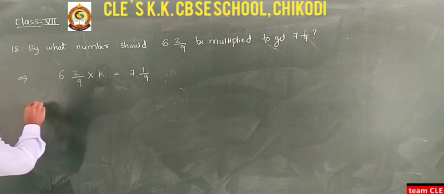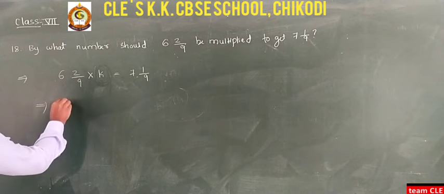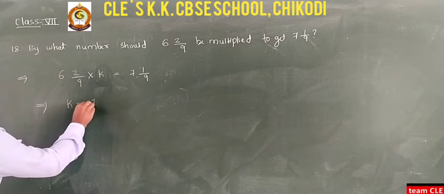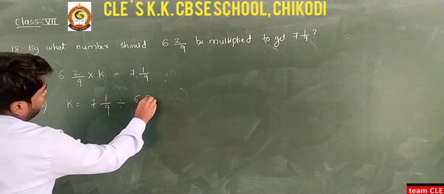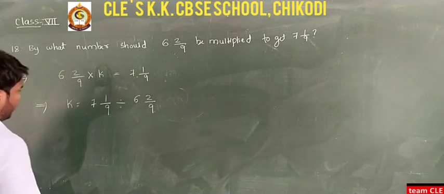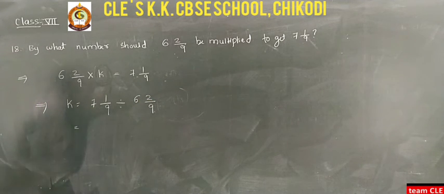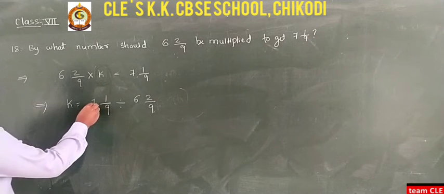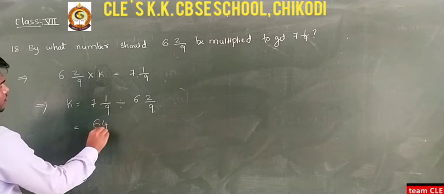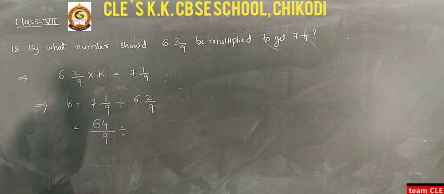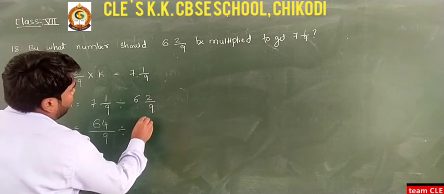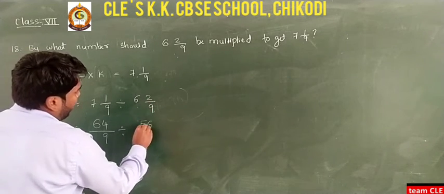So I write k equals 7 integer 1 by 9 divided by 6 integer 2 by 9. You already know 9 sevens are 63, 63 plus 1 is 64, so 64 by 9, divided by 9 sixes are 54, 54 plus 2 is 56, so 56 by 9.